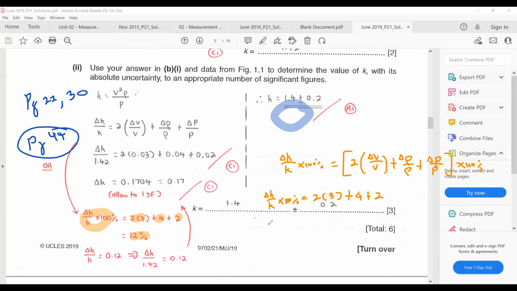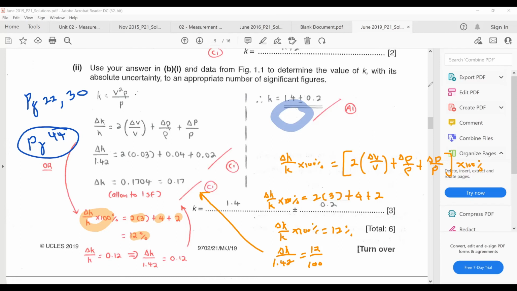Then after that they say delta K over K times 100% equals 12%. So delta K over 1.42 equals 12 over 100, then giving you this.